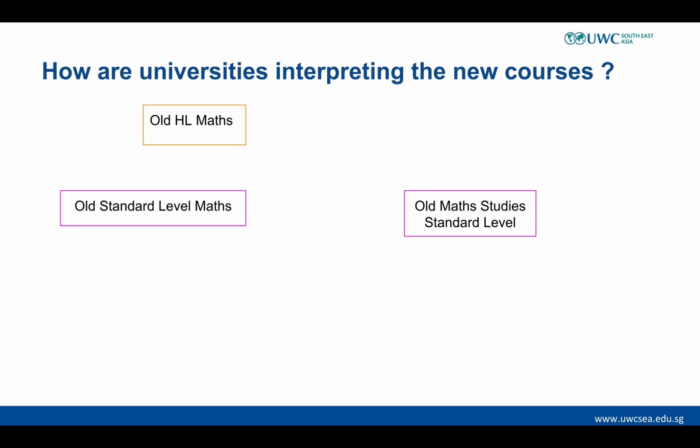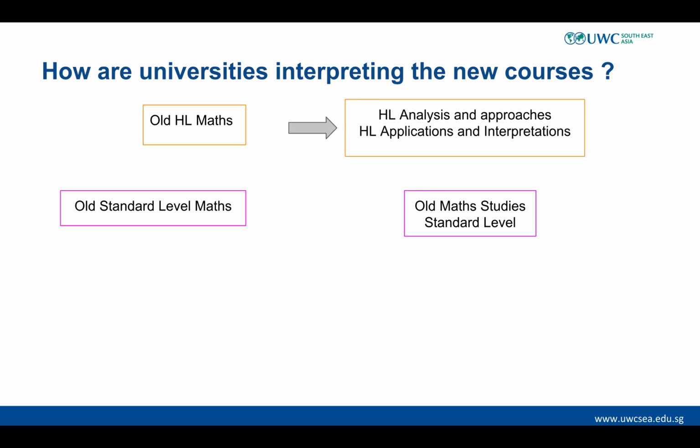A lot of questions regarding universities, and with the implementation of brand new courses, of course universities need to know, well, how do these new courses compare to the old courses? And this is what the universities currently are interpreting. They are saying pretty much that both HL courses can relate to the old HL maths course.